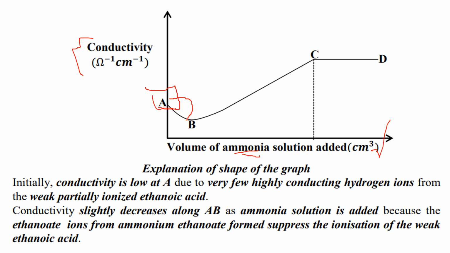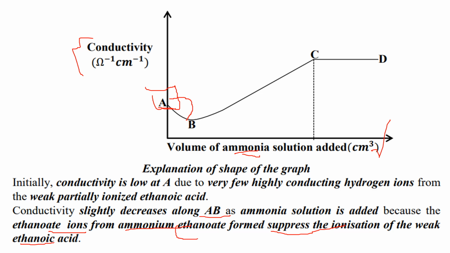So you're going to say that conductivity is slightly decreasing along curve AB as ammonia is being added, simply because the ionization of your weak ethanoic acid is being suppressed by the ethanoate ions that are coming from ammonium ethanoate. Remember in buffer solutions we say that as you're adding ammonia to ethanoic acid, you're going to form your salt, which is ammonium ethanoate.